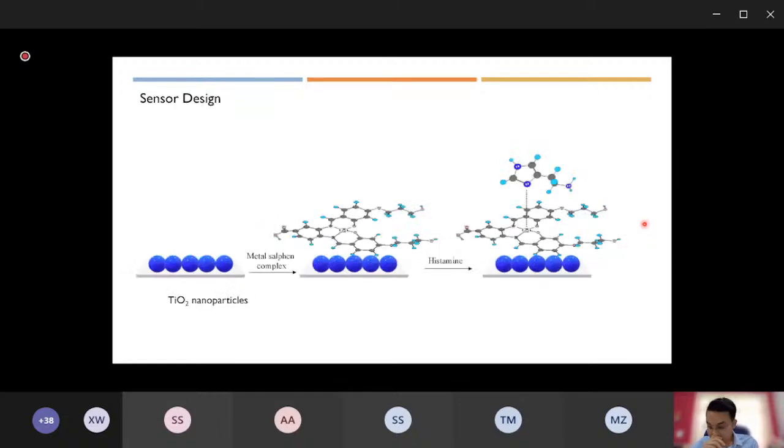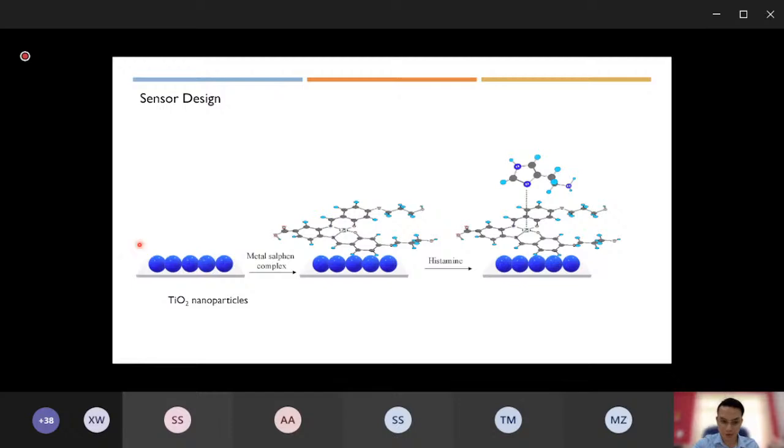Right after we got the binding strength, we moved to sensor development. The sensor development is pretty simple. The first sensor design must have an immobilization support, or the matrix that holds the sensing material. So we chose TiO2, titanium dioxide nanoparticles, the nano TiO2.